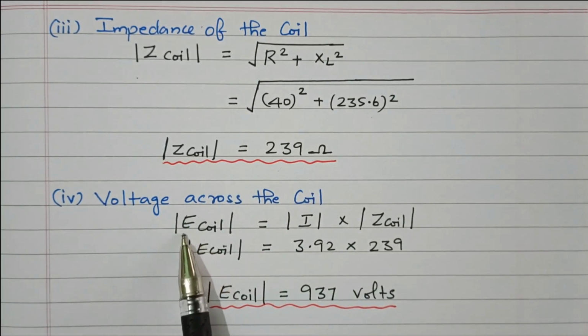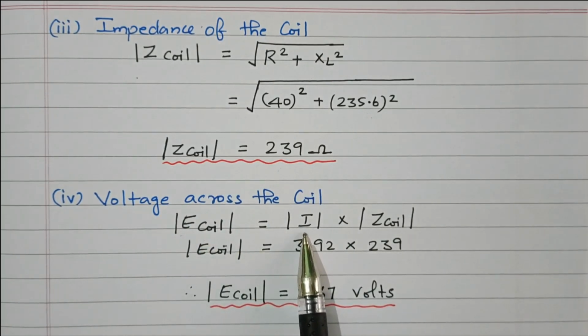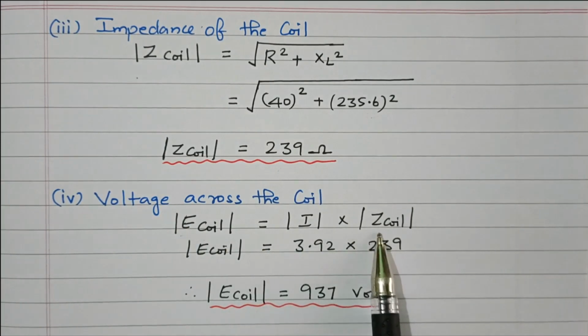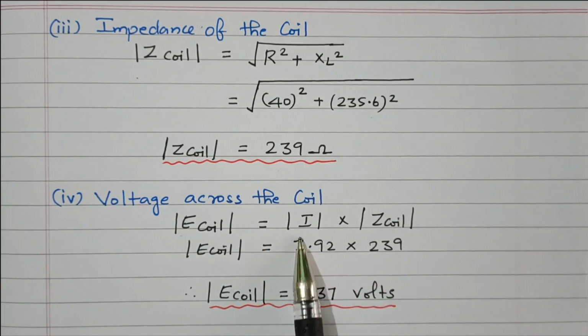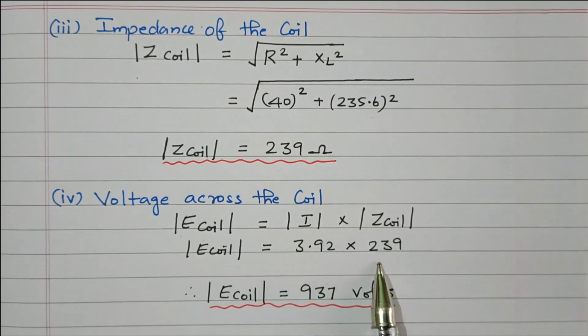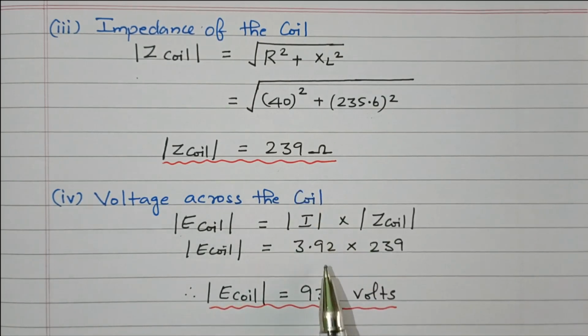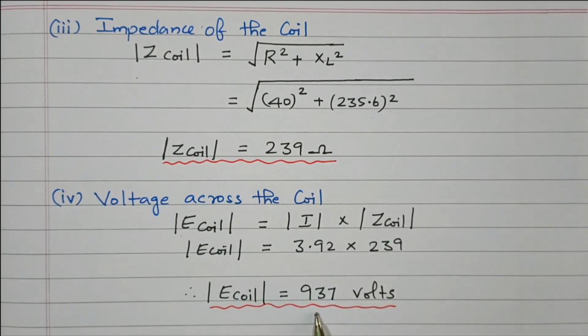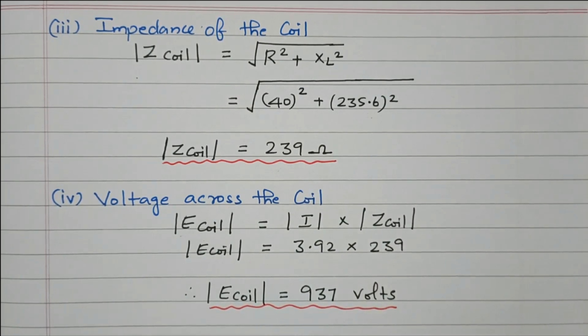E coil, voltage across the coil, equal to magnitude of I into magnitude of impedance of the coil. I is already calculated as 3.92, into impedance of the coil, 239 as we calculated. By multiplying these two we got 937 volts. So finally we calculated the voltage across the coil also.